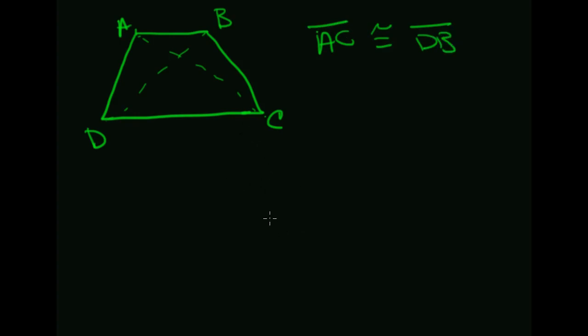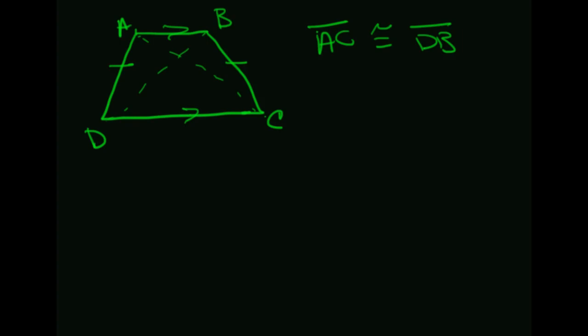That's what we're going to try to prove. Right off the bat, we know that these are parallel, and we know that these are congruent because it's an isosceles trapezoid.